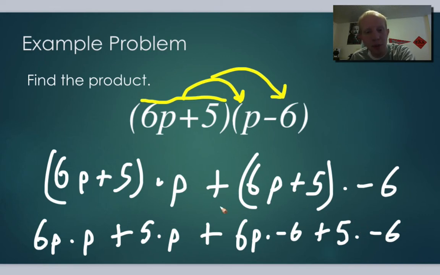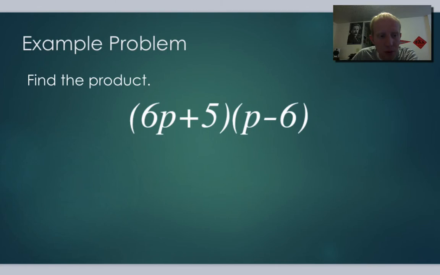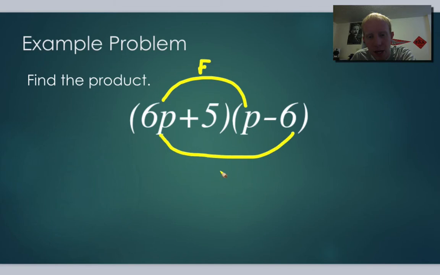But again, some people have come up with this other method that they call FOIL. So these 4 terms that you see here end up being what we call the FOIL terms. Some people write it like this. If I times the 6p and the p, those are the 2 first terms of the expression, which gives F. Then if we times the outer 2 terms on the outside, these are O, outside.